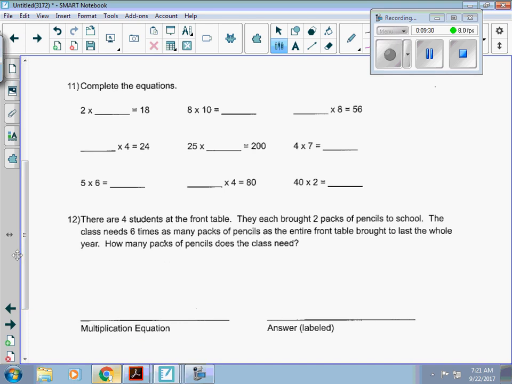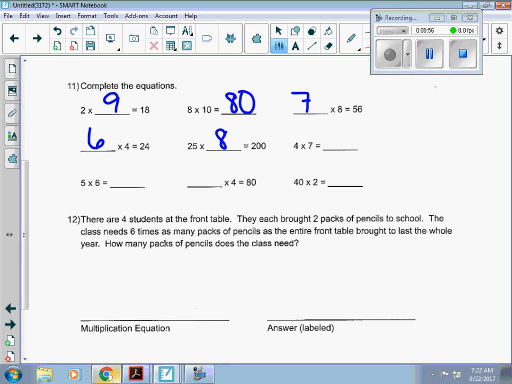Number 11 is practicing our facts. 2 times 9 is 18. Here's an extended fact. 8 times 10 is 80. 7 times 8 is 56. 6 times 4 is 24. 25 times 8 is 200. And I knew that one because I know that 4 quarters equals $1.